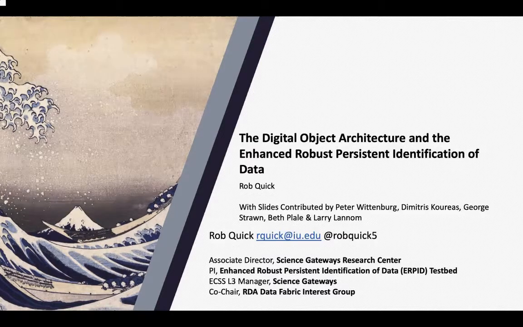And then I'm also the co-chair of the Research Data Alliance's Data Fabric Interest Group, which is really where a lot of this work was started, and a lot of the ideas were compiled that led to an actual implementation and testbed of the digital object architecture.